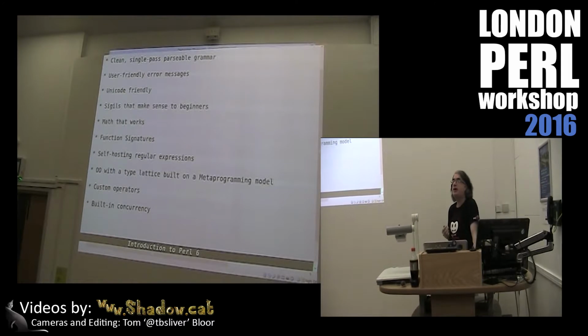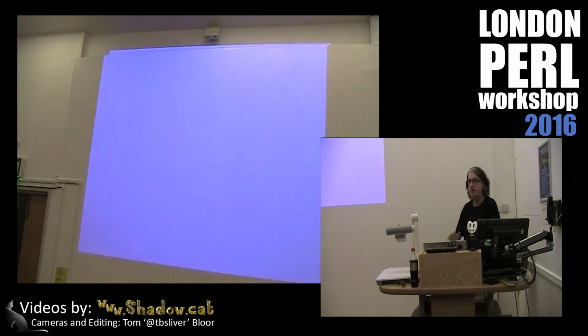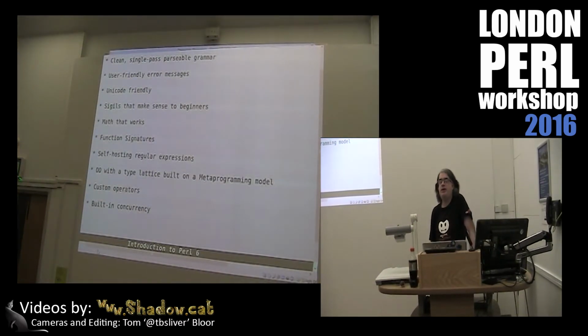Self-hosting regular expressions. It is more than that, because in Perl 6 the regex engine is the Perl 6 core engine. The regex engine that we're used to in Perl 5, with \d and pipe alternation, stars, etc., is now the core of the language. If you want to rewrite Perl 6 in another language, most of the work is going to be in rewriting the regex engine.